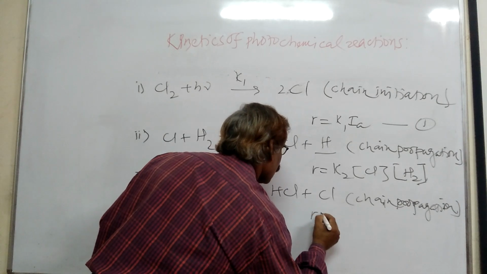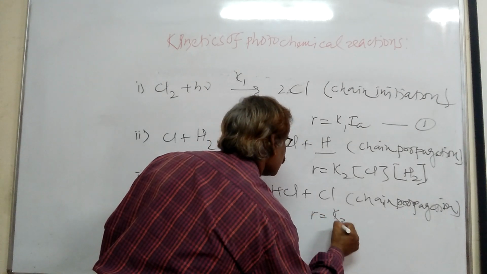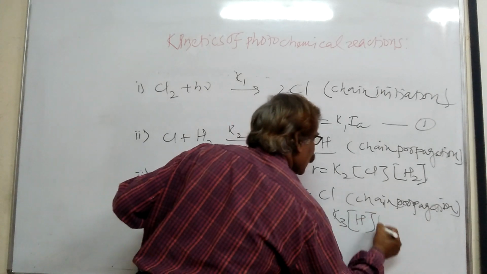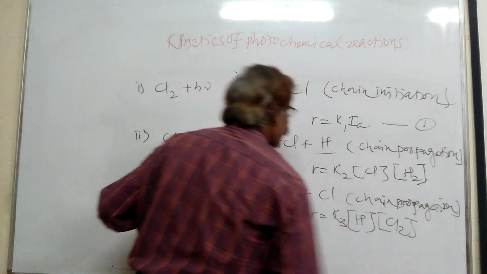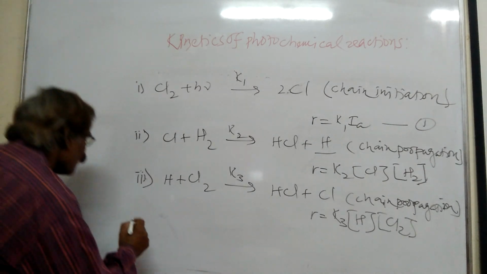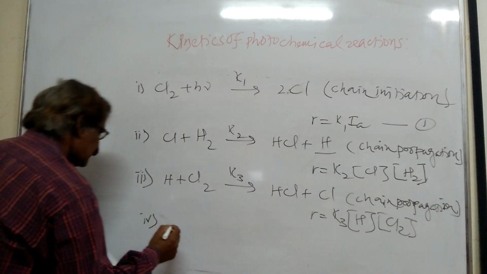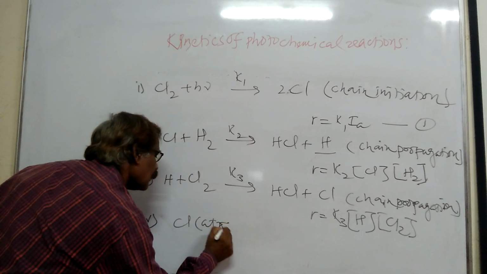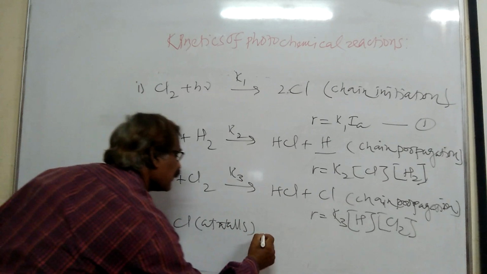reaction, and the rate of this reaction is equal to K3 into the concentration of H into the concentration of Cl2. And the fourth step is Cl at the walls of the container.